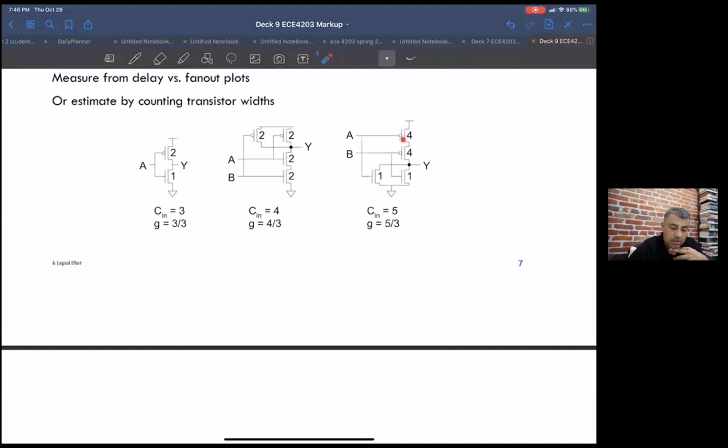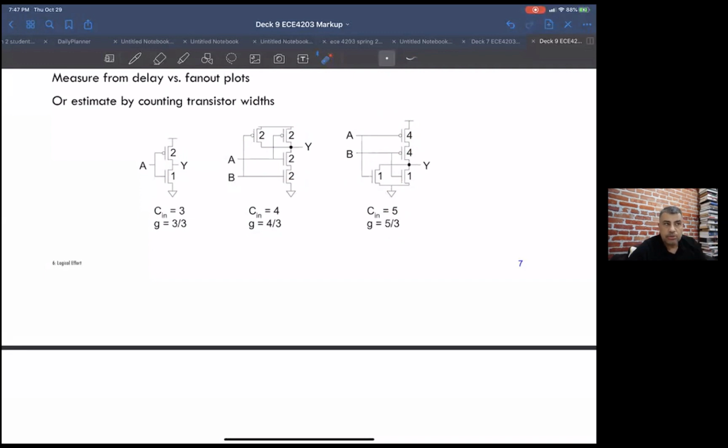Here, because of the NOR gate, we have to double the size of the P MOSFETs, and they were already too wide anyway. Now you end up with a C in of 5, so your G ends up being 5/3. So a 2-input NOR in a CMOS process is by architecture slower than a 2-input NAND.